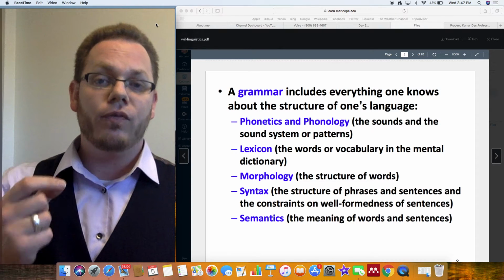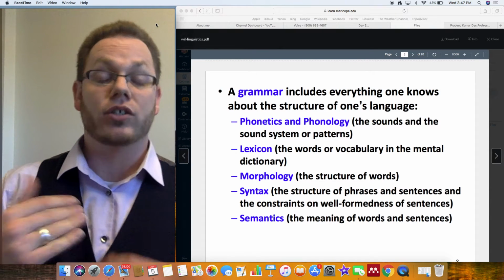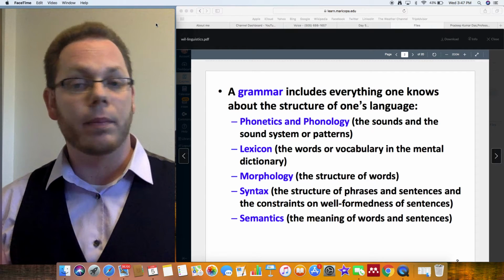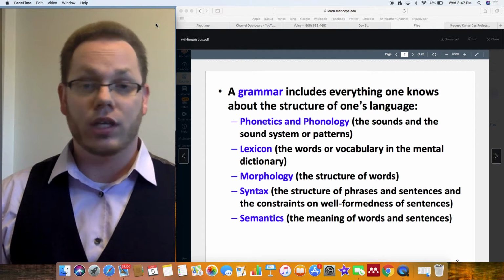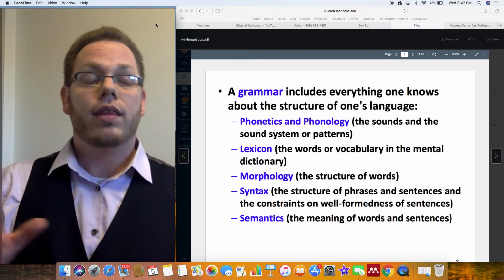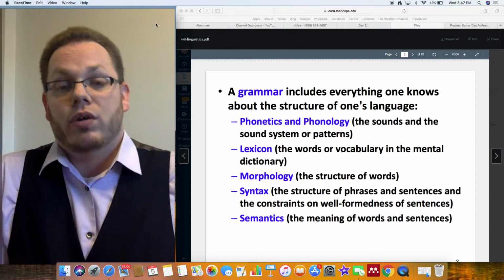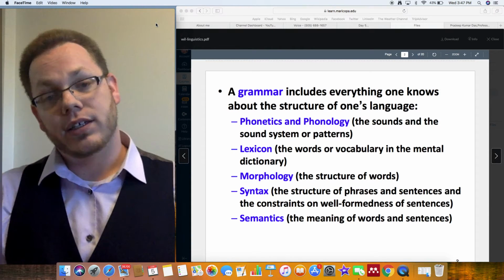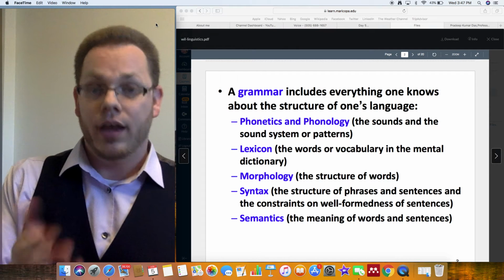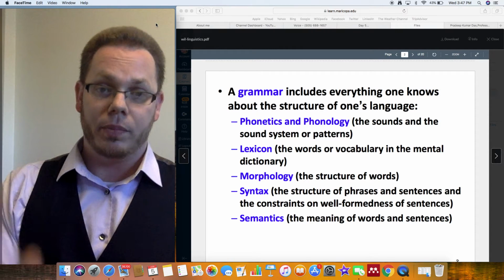So if you've been trained that there's something wrong with your language, you're making a bunch of mistakes, and all you think about when you think about grammar is the things you do wrong, then you've been trained up in a common way that can lead to problems. So be careful.